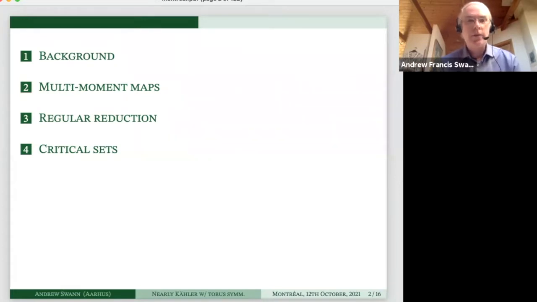And just like with symplectic situations, you can talk about reduction. So at regular values, I will be telling you what geometry you get when you reduce a regular level value, and we have some information about what happens at critical values of such multi-moment maps. And it gives some hopeful picture of some of the structure.